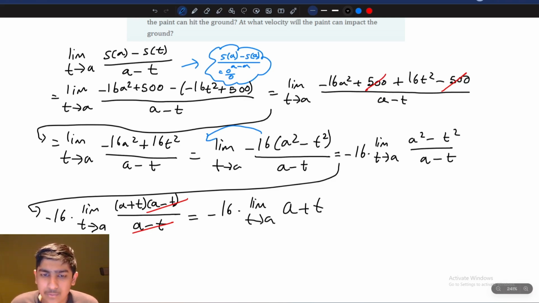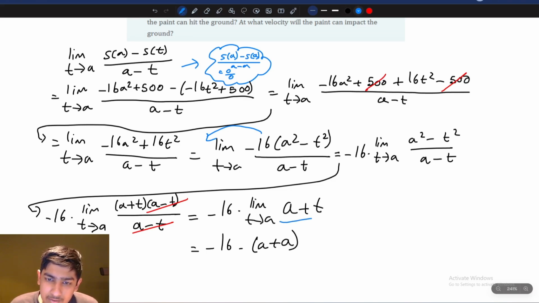Now we can directly substitute, because we won't get an indeterminate form by plugging in a for t. So we'll get negative 16 times a plus a, right? We're directly substituting this a into this t. So we get negative 16 times 2a, which is negative 32a.